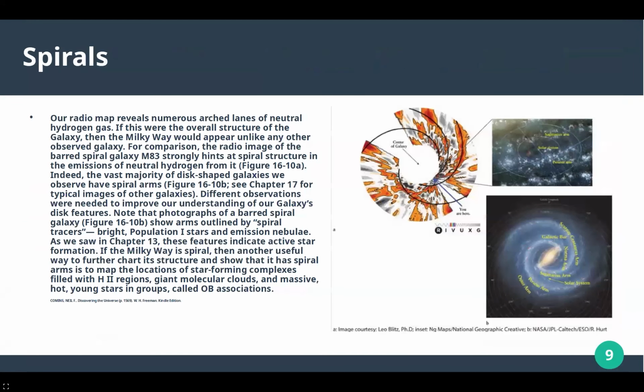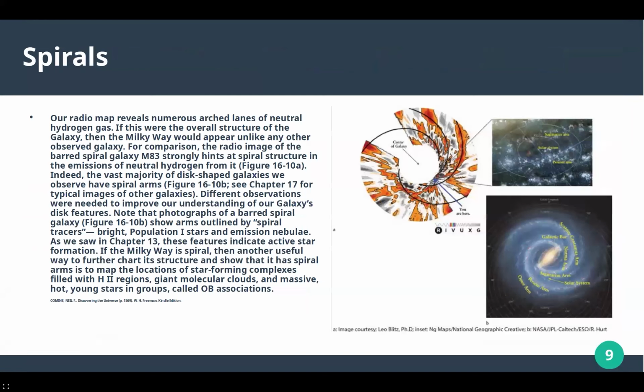Our radial map reveals numerous arched lanes of neutral hydrogen gas. If this were the overall structure of the galaxy, then the Milky Way would appear like any other observed galaxy. For comparison, the radial image of the barred spiral galaxy M83 strongly hints at a spiral structure and the emissions of neutral hydrogen from it. Indeed, the vast majority of distant galaxies we observe have spiral arms.